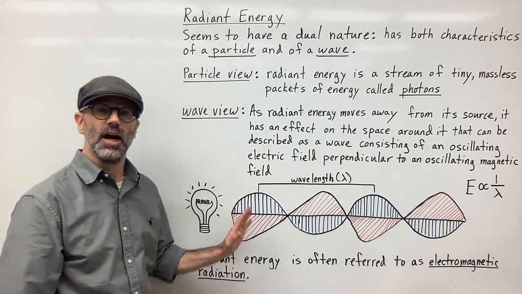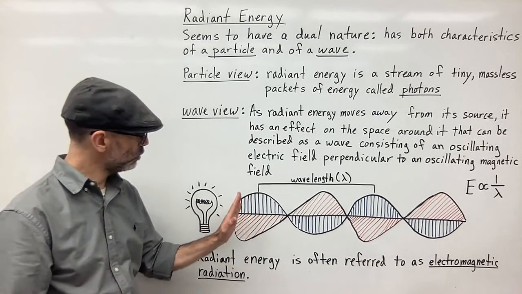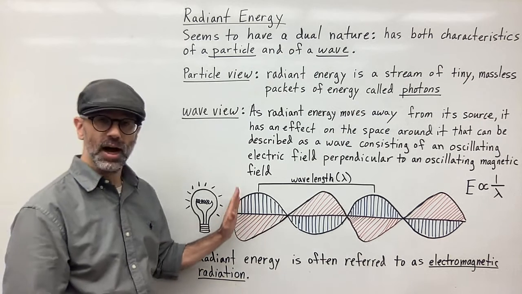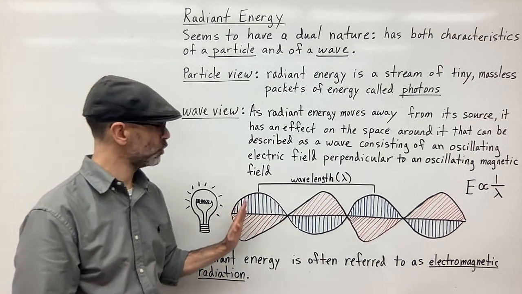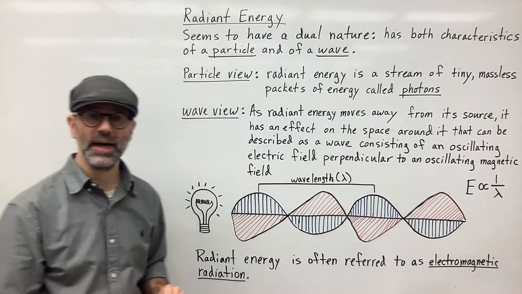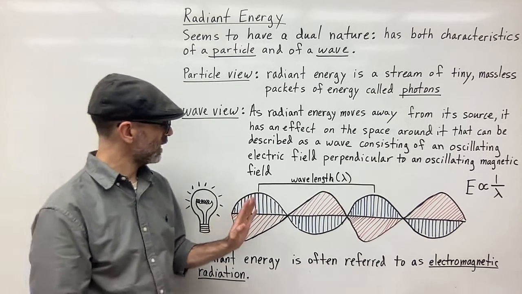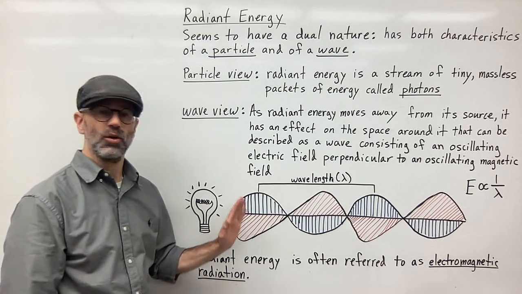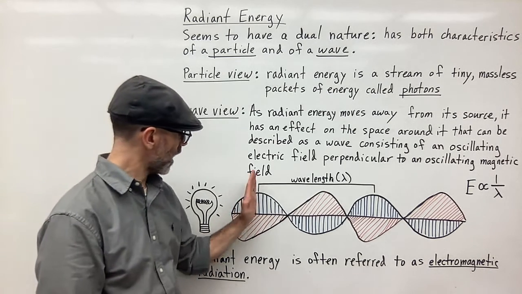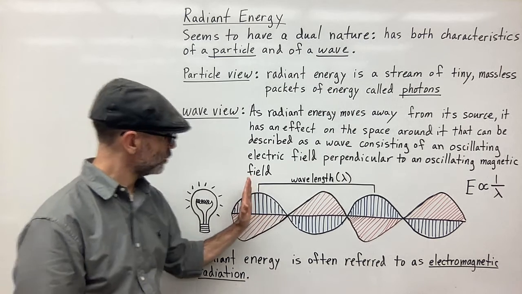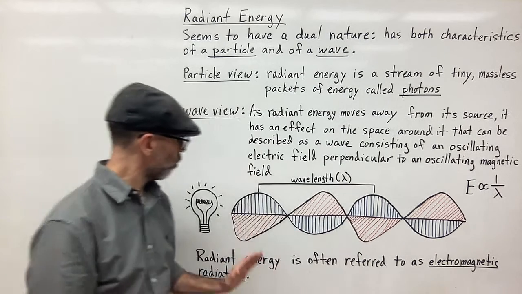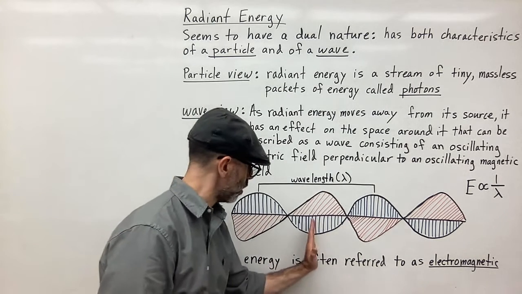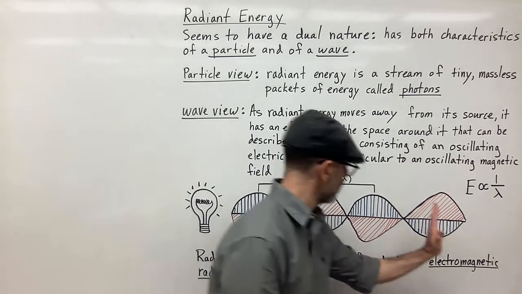The wavelength of a wave goes from one point on the wave to the next identical point on that wave. So the easiest way to measure the wavelength would be from the top of a crest to the next crest, or the bottom of a trough of the wave to the next trough.